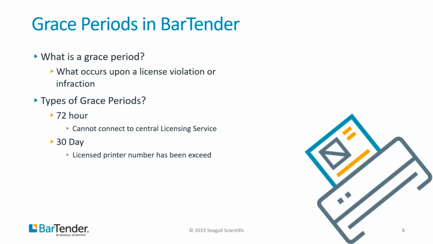All 50 of our printers just break. We get next day shipping, and we get 50 more printers in, and they're a newer model, a different brand. So now we have 100 printers in licensed when we only have a 50 printer license. This is actually going to be okay because of this grace period.